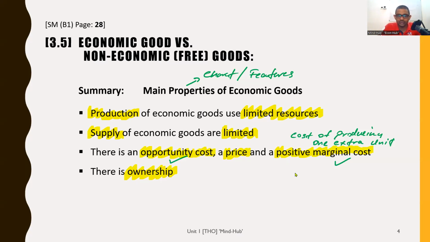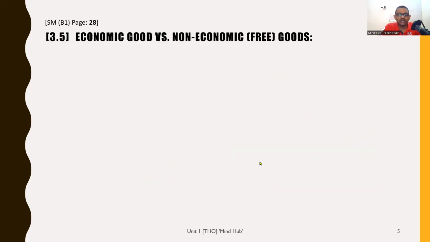Then we'll talk free goods. So these properties, your examiner, your professors talk about it in their textbooks: economic goods versus non-economic goods. Now we'll talk non-economic goods. So economic goods is done.